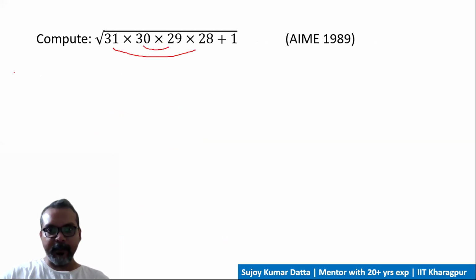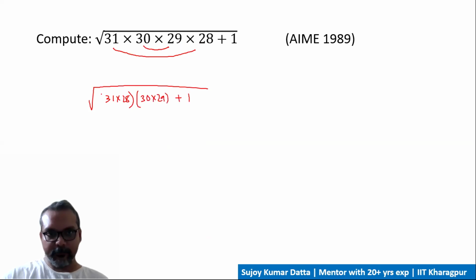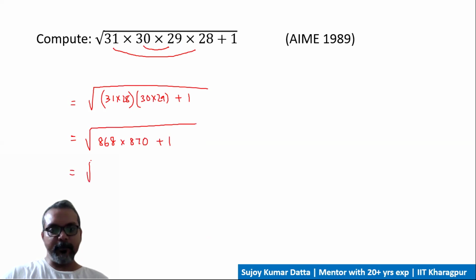So if I multiply 31 with 28 and 30 with 29, now this can be thought of to be 869 minus 1 times 869 plus 1.